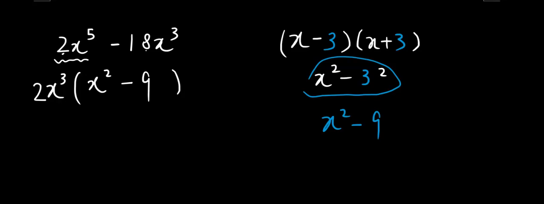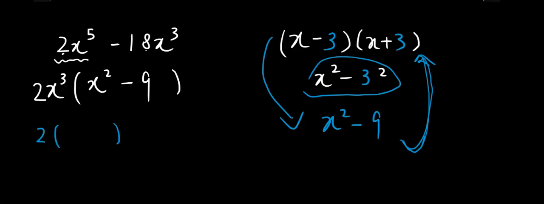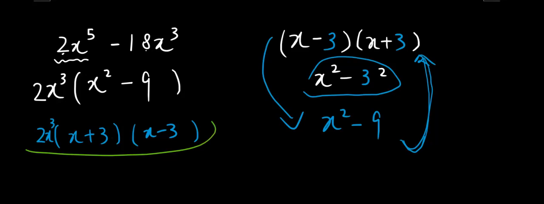When we do factoring, it's like you reverse this way. Multiplication goes this way. Factoring goes from here all the way to here. Therefore, for this reason, I'm going to write down two parentheses. Excuse me, I forgot to copy down this x. x plus 3 and x minus 3. Now we're going to long bubble it and we say, all done.